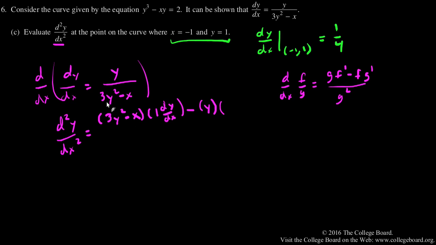So the derivative of 3y squared is 6y dy dx, because I'm taking the derivative with respect to x. And the derivative of negative x is -1. And that's all divided by 3y squared minus x.